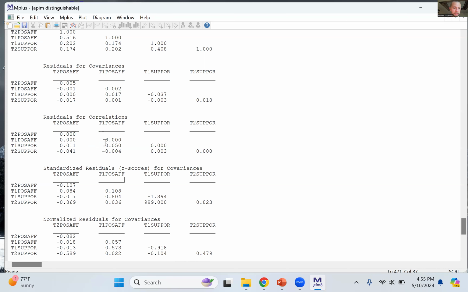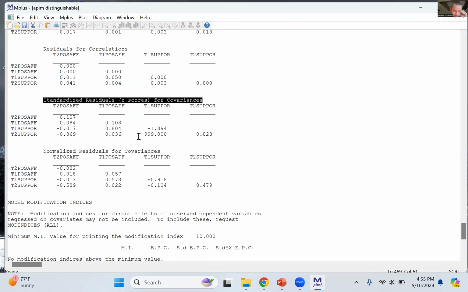So this little guy right here tells us the relationship between T1 support and T1 positive affect is overestimated by about 0.05.